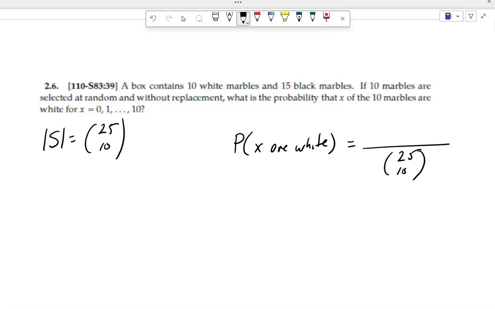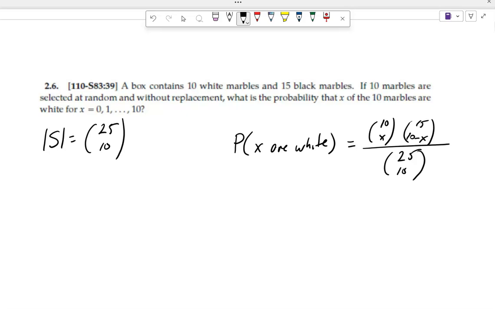How many white marbles do you have to choose from? 10, and you're going to choose X of them, right? So it'll be 10 choose X. What does the rest have to be? How many black balls are you choosing? 10 minus X. And how many black balls do you have to choose from? 15.